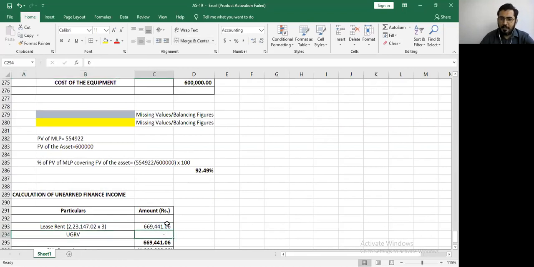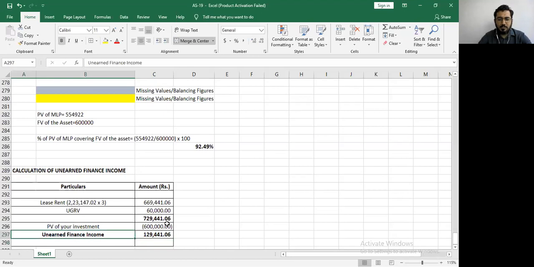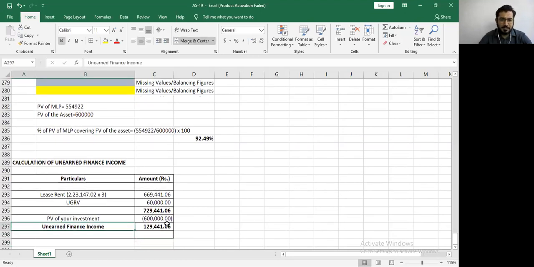Since it is income, it is from the viewpoint of the lessor. The lessor takes both guaranteed as well as unguaranteed residual value. You will take over here 60,000, which means we should have received 7,29,441. Instead of that, how much did we get? 6 lakhs. So what is your unearned finance income? 1,29,441.06.